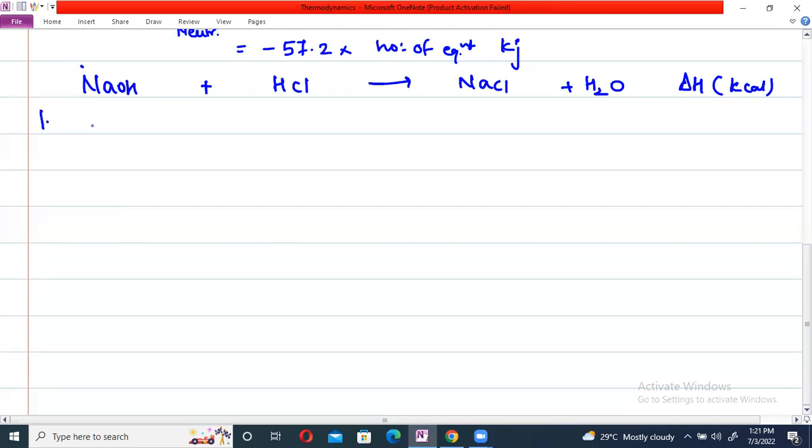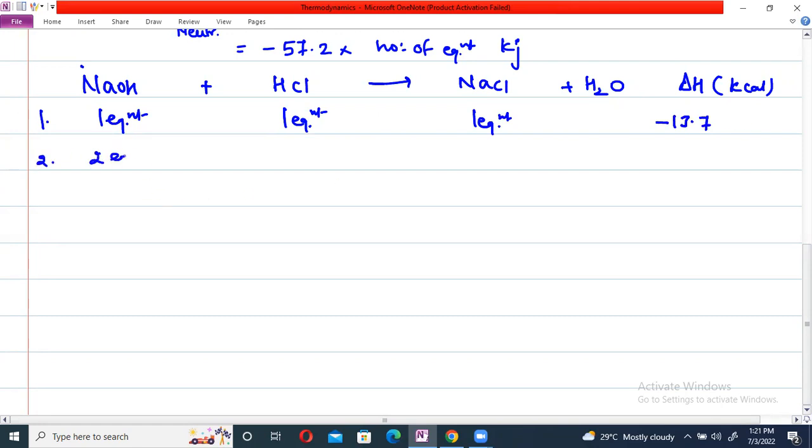Let us go with example number 1. If 1 equivalent acid, 1 equivalent base, 1 equivalent salt, the value of delta H in kilocalories is minus 13.7 kilocalorie.